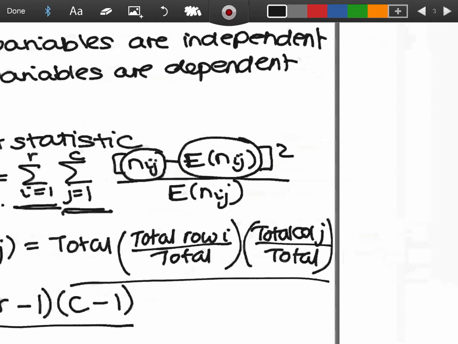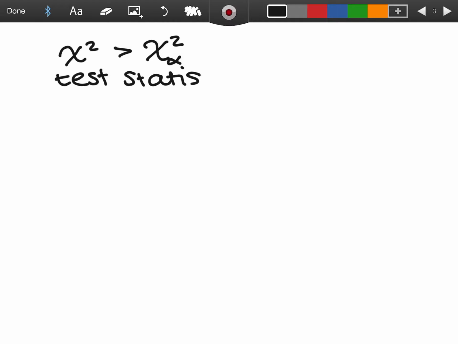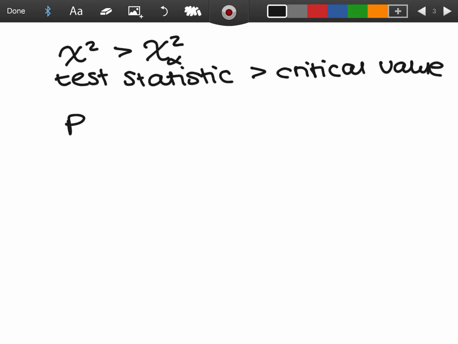And very much the same way that we did in 16.2, you are looking for your test statistic to be greater than the critical value. Or, as always, you can look at whether the p-value that you get from your calculator is less than the significance level alpha.